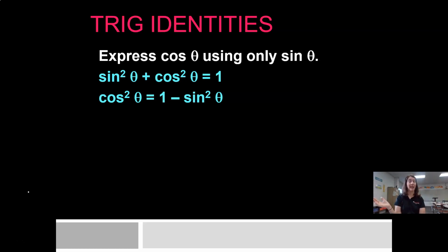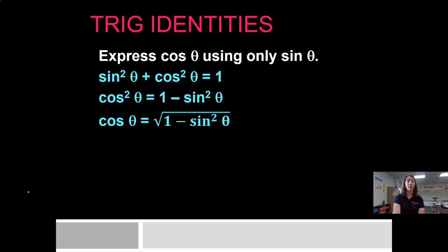Notice the right-hand side of the question has that sine theta, and that makes sense because I was trying to write the question using the sine ratio. We're supposed to be writing cosine, and the question currently says cosine squared. So how did we get rid of the square that was on our cosine? We square rooted. So what is the cosine ratio in terms of sine or using only sine?